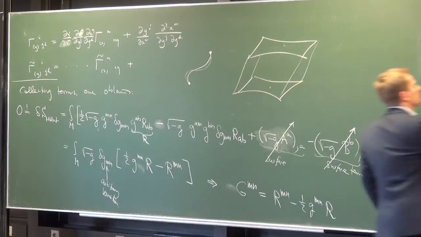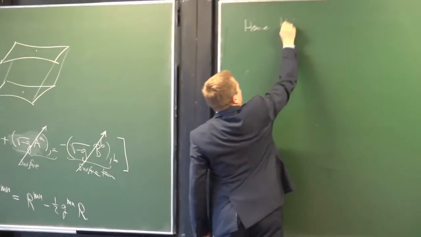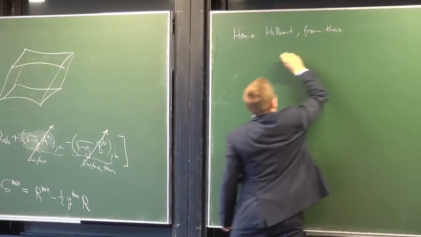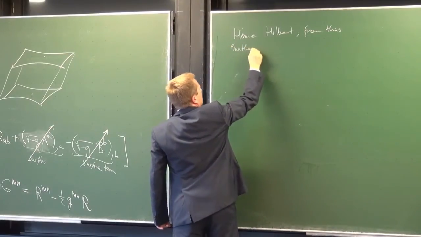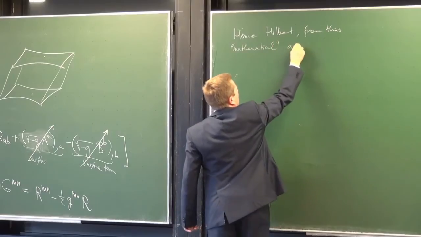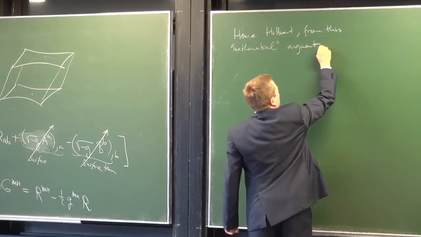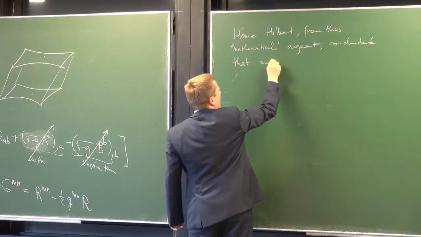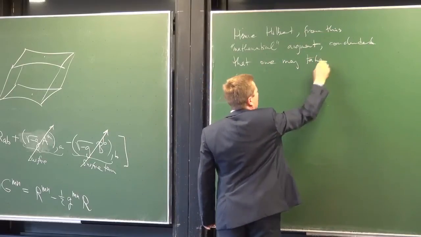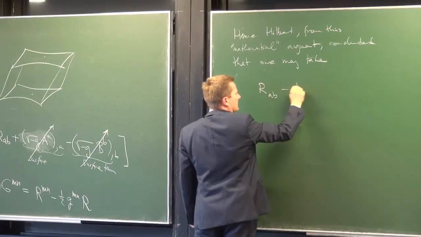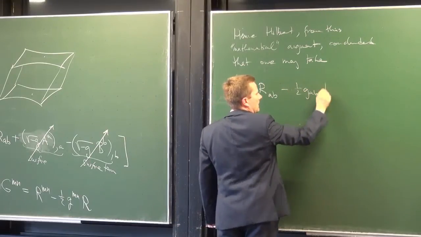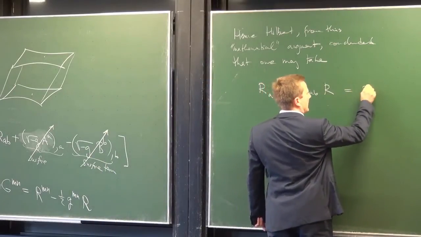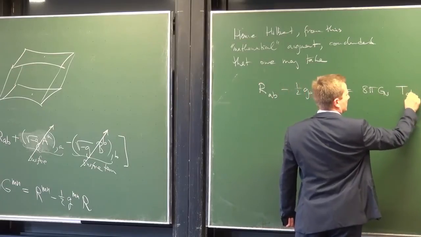So hence, Hilbert, from this mathematical argument, one might call it, concluded that one may take R ab minus 1/2 g ab R, which is just the same objects with the indices pulled down with the metric, equals 8 pi G_N T ab.